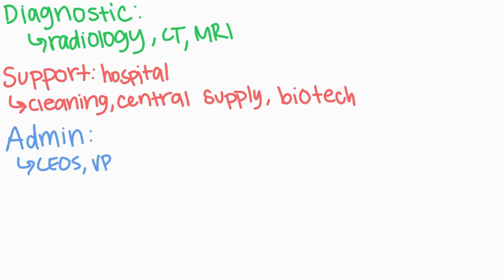So they care about money and they establish policies. And they do public relations stuff. And they are considered to run the hospital, but who actually runs the hospital is debated.